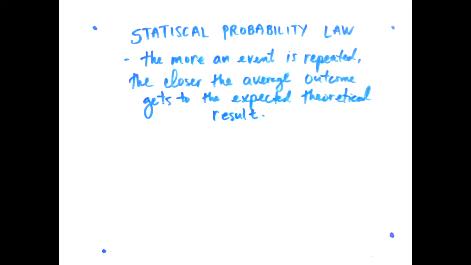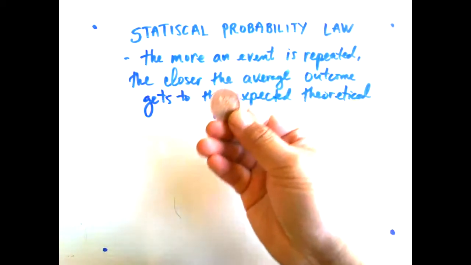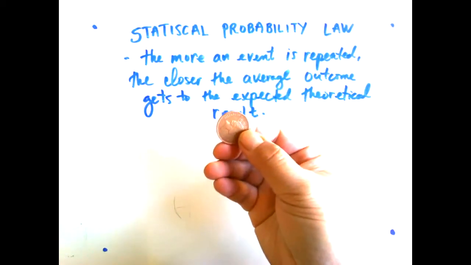Yes. And so, how do we apply this? It would be useful to use this in an activity that we just did, and that is the flipping of one coin. And we're going to just talk about this for a while.